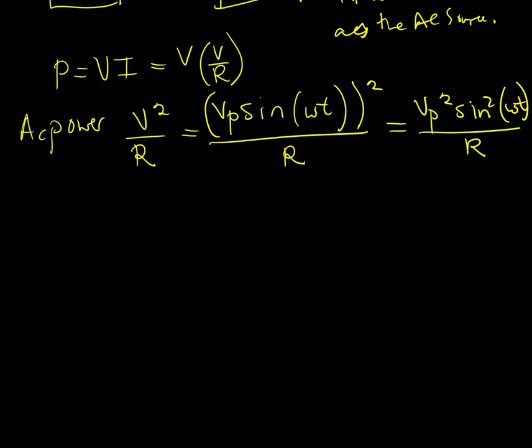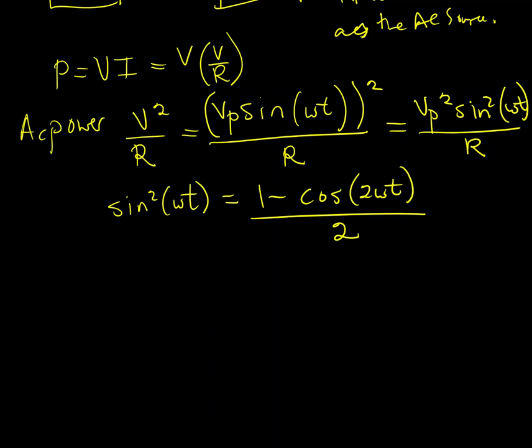Now, if you remember any of your trig identities from high school, or if you're going to take it in a future or current math class, you may recall that sine squared of something is equal to 1 minus cos 2 of that something, over 2.